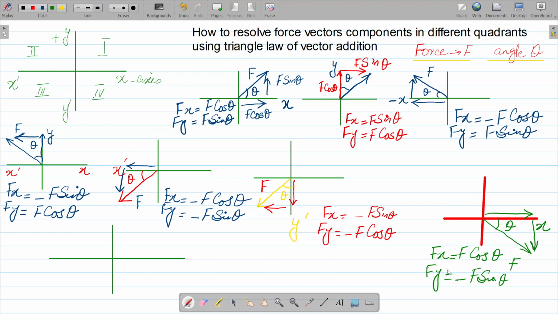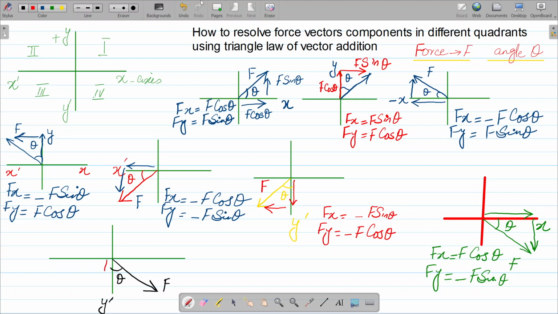Okay, and still one job is remaining. In the fourth quadrant, this is our force F, and it is making an angle theta with the negative y-axis. So what will happen now? We will have the components, again using triangular law of addition.